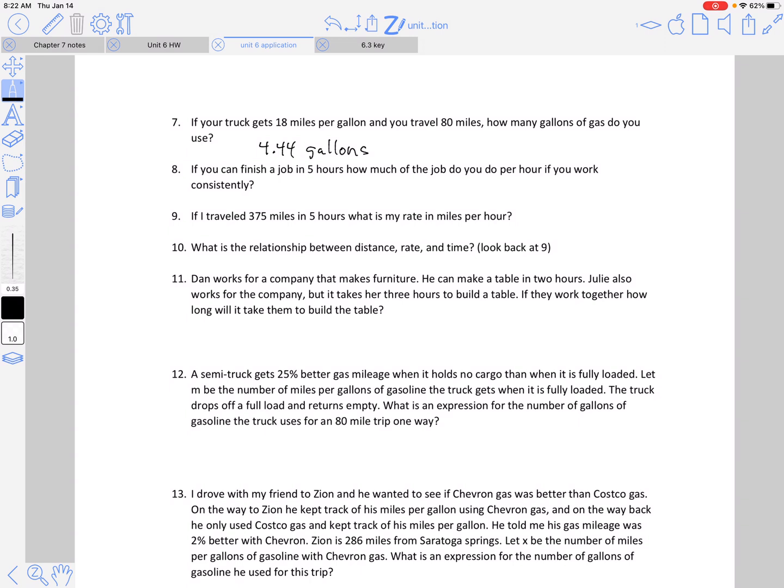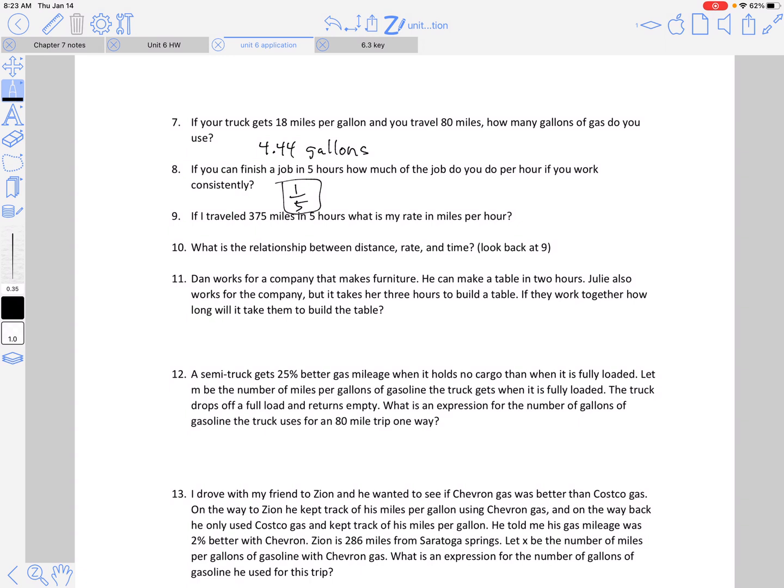So if I can finish a job in 5 hours, how much of the job do I get done per hour? So one job in 5 hours, if I'm consistent, that means I get 1/5 of the job done each hour, because it has to add up to the whole job being done in 5, right? So each part will be represented by 1, so 1/5.